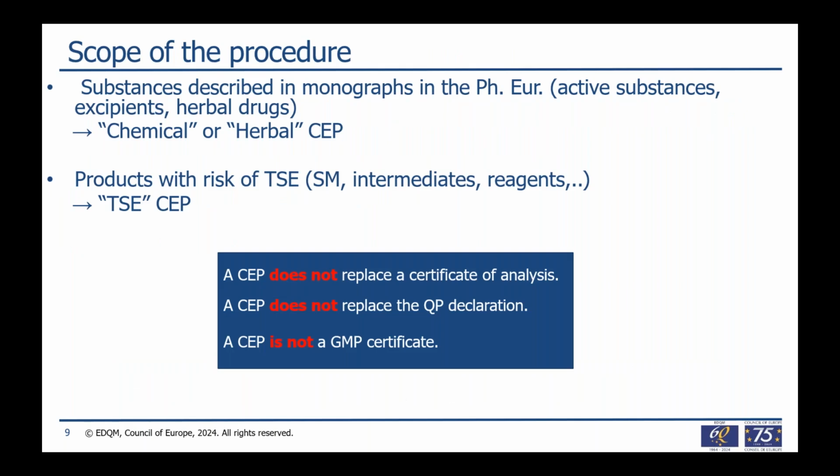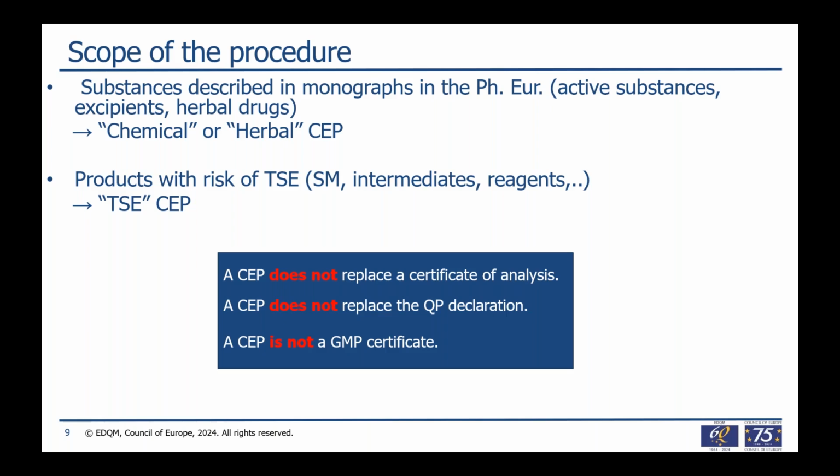This resolution document first details the scope of the CEP procedure. So for chemical or herbal substance, the procedure is opened for those covered by a monograph of the European Pharmacopoeia. And for these, a chemical or a herbal CEP can be granted.